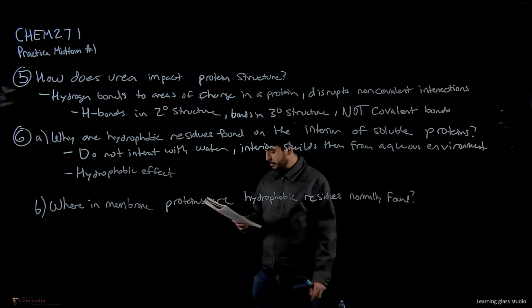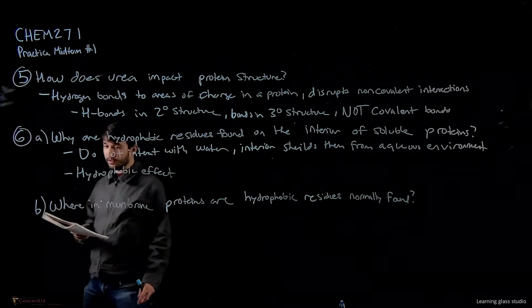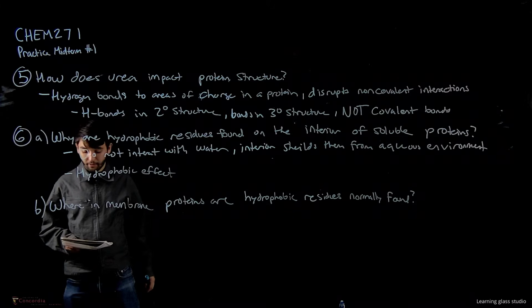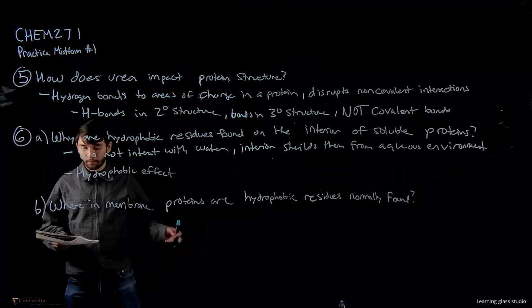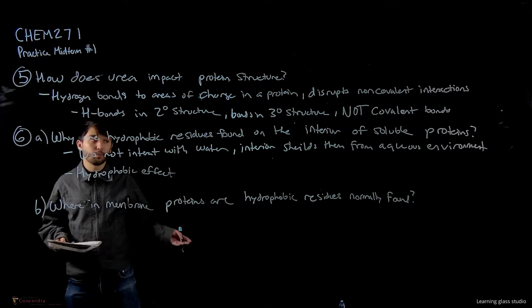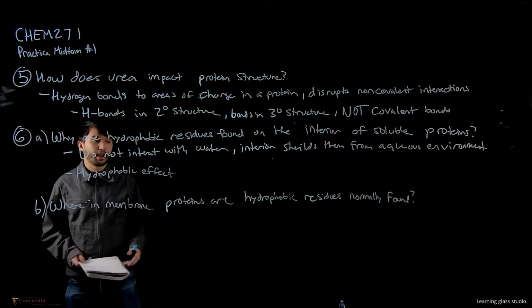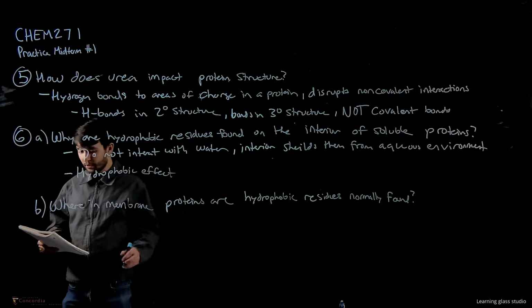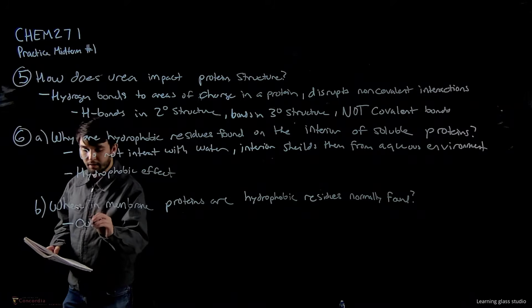All right? And then the next question is, where in membrane proteins are hydrophobic residues typically found? In a normal protein that is water soluble, they are found on the interior, but a hydrophobic residue in a membrane protein would be found on the outside of the protein.